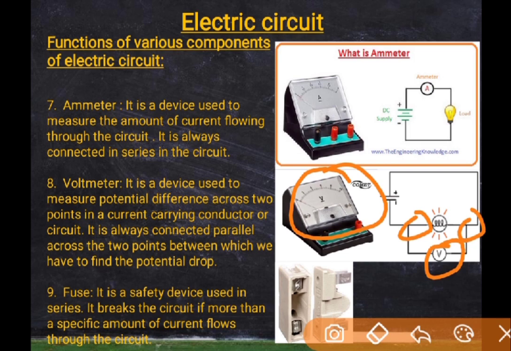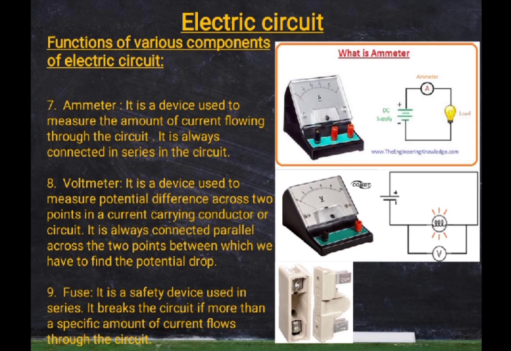A voltmeter is a device used to measure potential difference across two points in a current carrying conductor or circuit. It is always connected in parallel across the two points between which we want to find the potential drop.